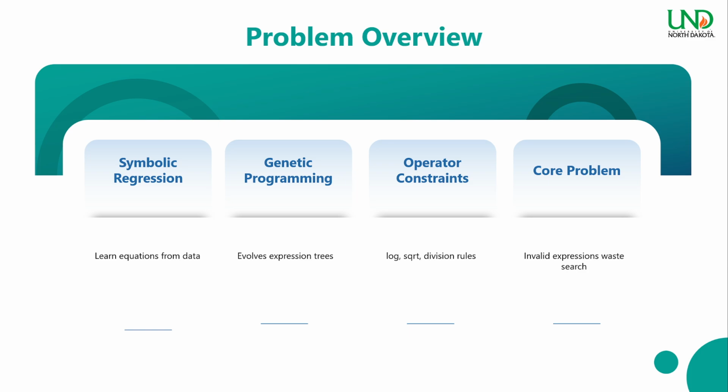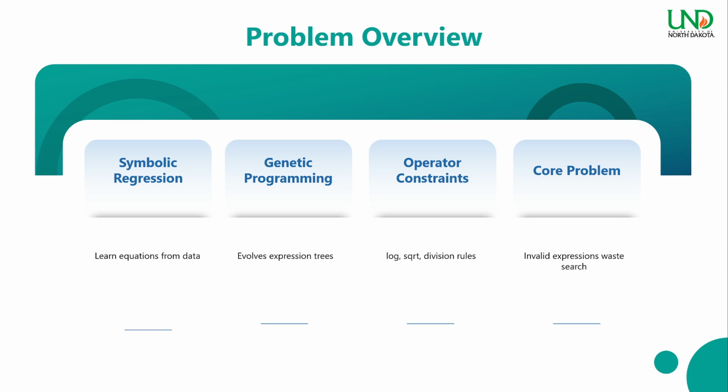Logarithms require positive inputs, square roots break on negatives, and division by zero is a real problem. Genetic programming doesn't account for those constraints during generation, so it frequently will produce invalid expressions. Those invalid candidates still go through the search process, which ends up wasting computation and disrupts convergence.